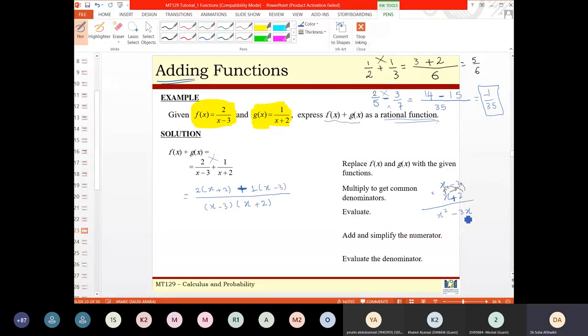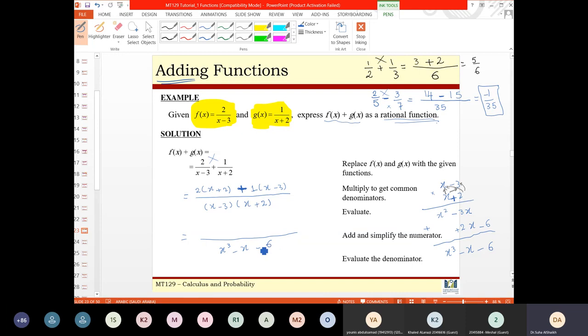So now multiply 2 by x, this will be 2x. Multiply 2 by minus 3, this will be minus 6. Add everything together now. This will give me x squared minus x minus 6. So the bottom part is ready now. Below I have x cubed minus x minus 6.